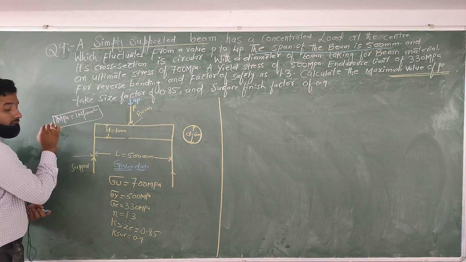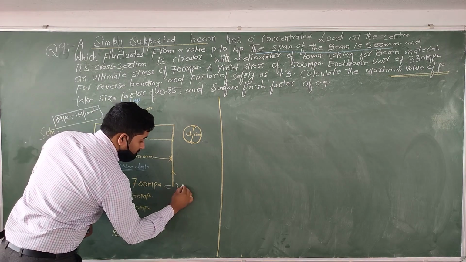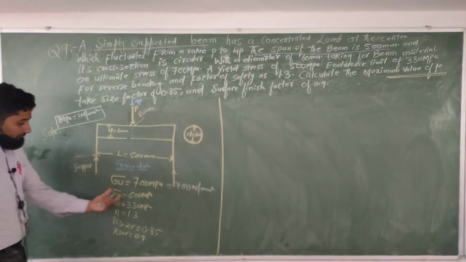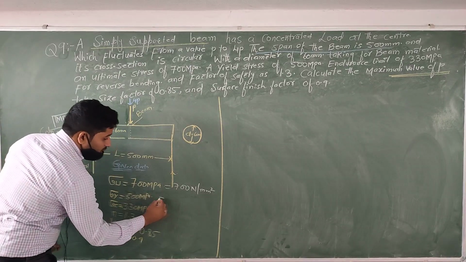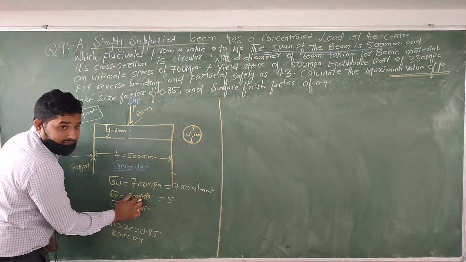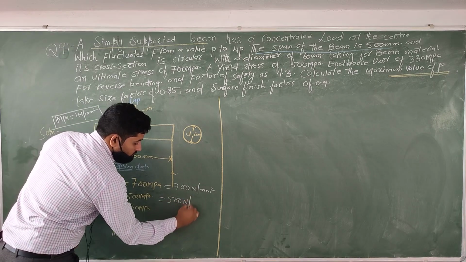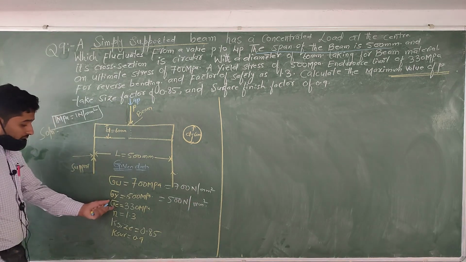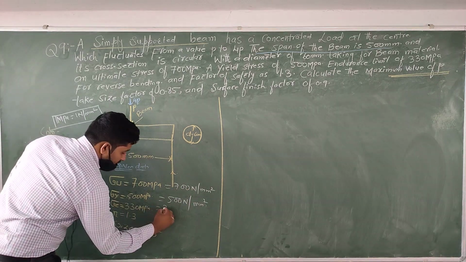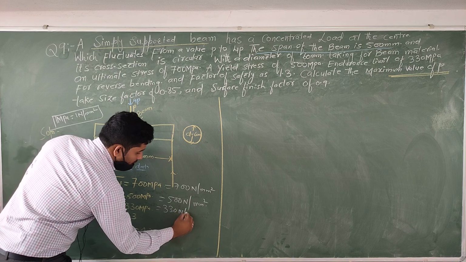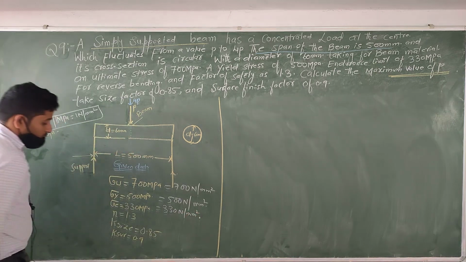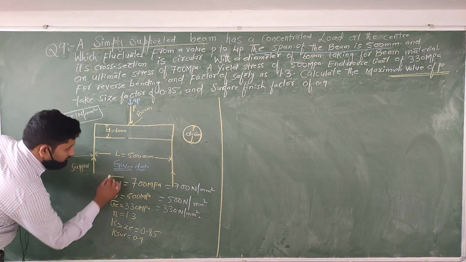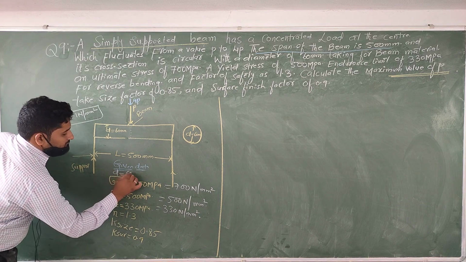So we can write 700 Newton per millimeter square, and 500 megapascal as 500 Newton per millimeter square. The endurance strength of this material is 330 Newton per millimeter square, and the diameter of this specimen is given as D equal to 60 mm.